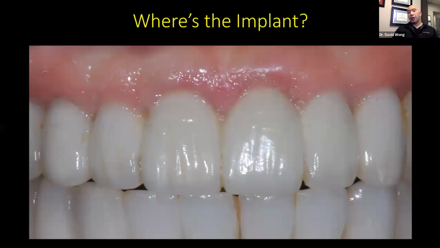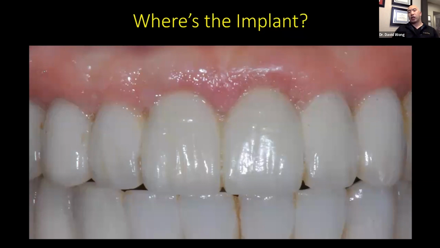So what we're looking at today is, once again, where's the implant? If we're doing our job right as dentists, hopefully we can't really tell where the implant is. In a situation like this, I've showed you guys this slide before, and if you're new to this type of information, I'm going to tell you the implants are number 6, 8, 9, and 11. But how do we get to this point?